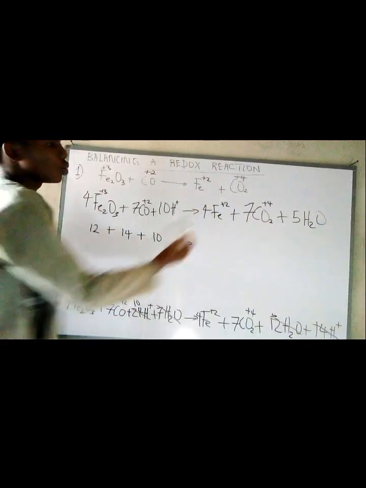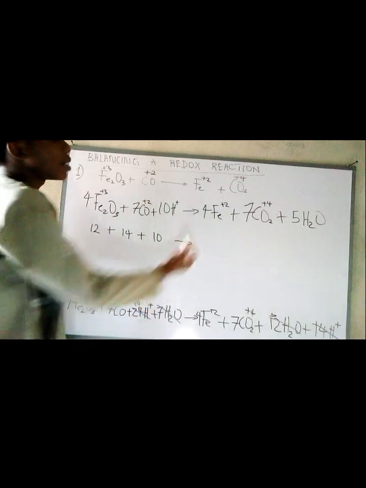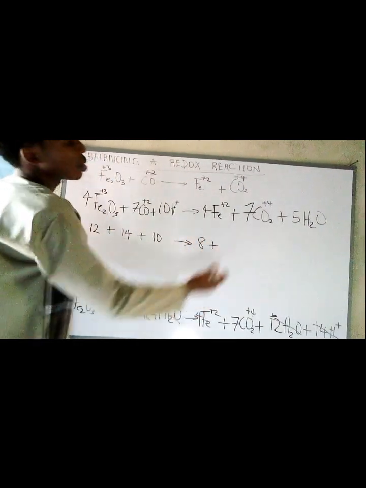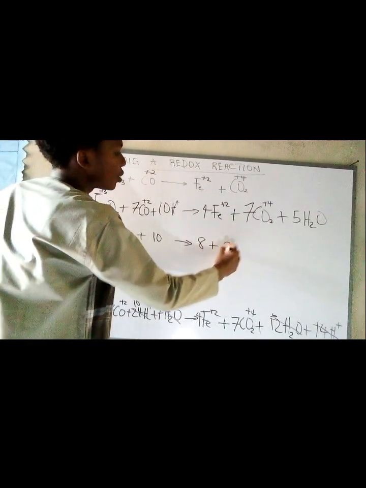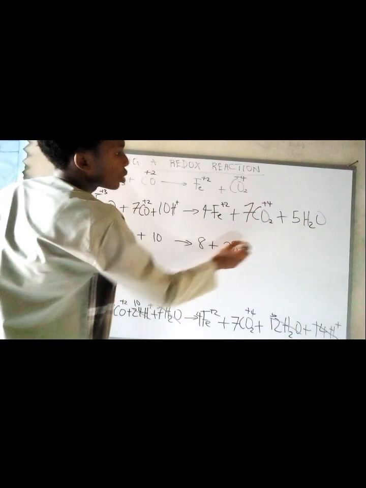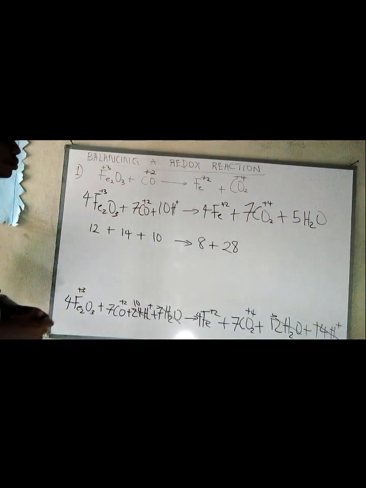This 2, the 2 charge, that is the oxidation number, multiplied by 4 will get 8, plus what? 7 times 4 will have 28. No, we don't count the water molecule. So let's go on.